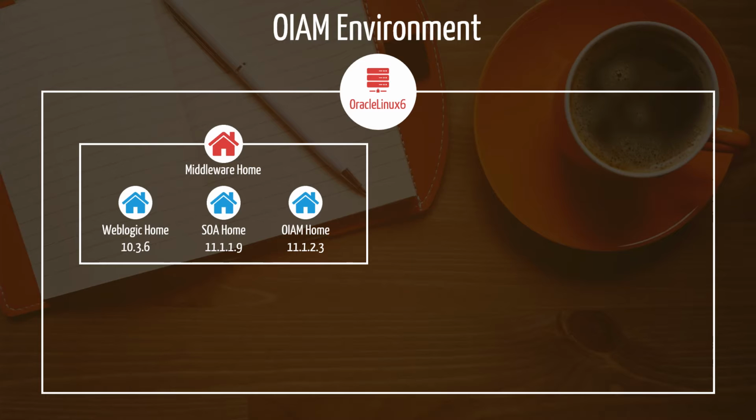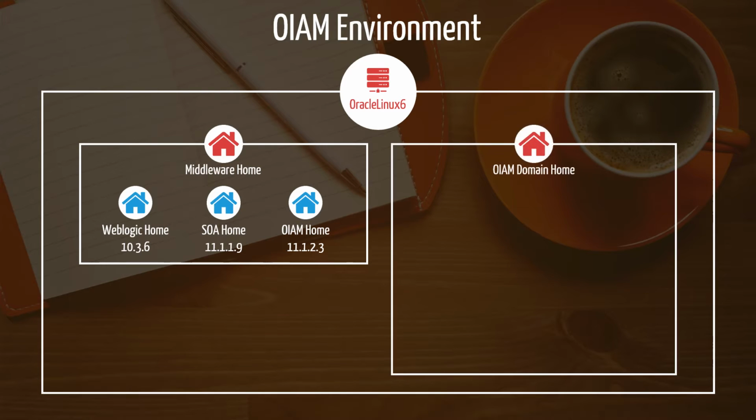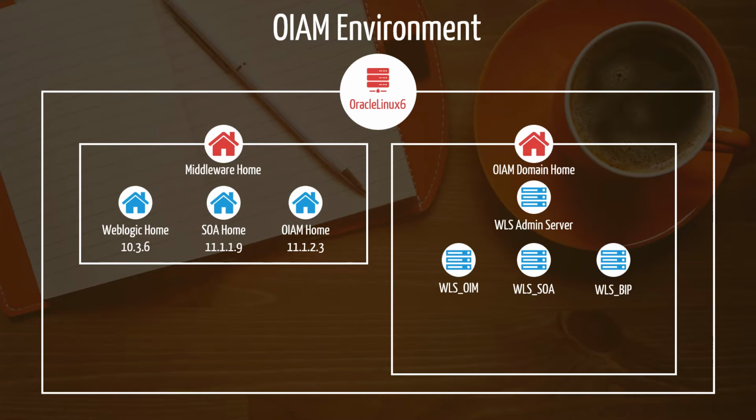Next, we'll be installing the Oracle Identity and Access Management product, again in the same middleware home. Once the product binaries are installed, we'll be creating an OIAM domain, inside which we'll have an admin server, WLS_OIM, which is our Identity Manager, and WLS_SOA, which is the SOA Suite managed server, and we'll have WLS_BIP, which is Business Intelligence Publisher used for reporting.